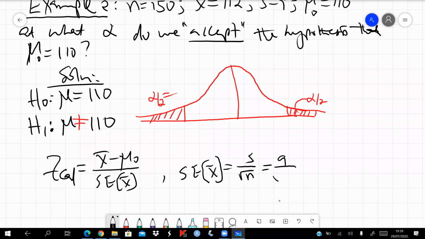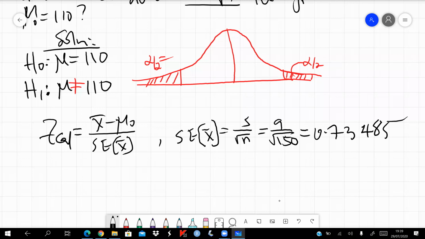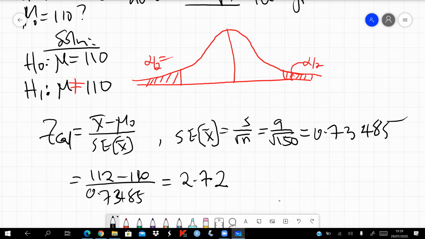Now s is 9 divided by root 150, which is 0.734. So Z calc is 112 minus 110, which is 2, divided by 0.734, which gives us 2.72.